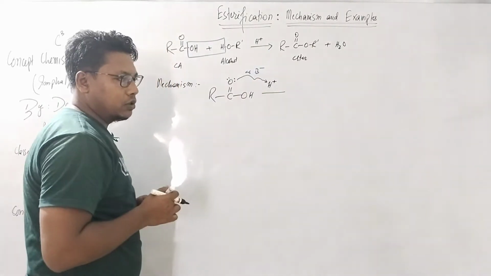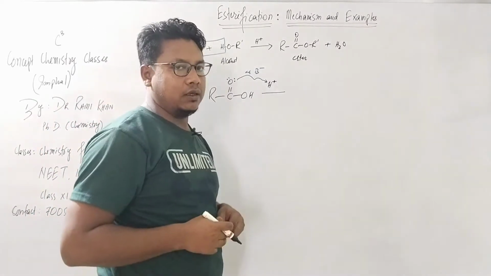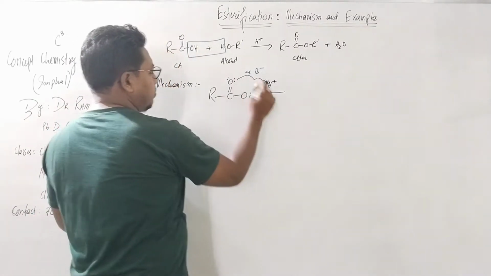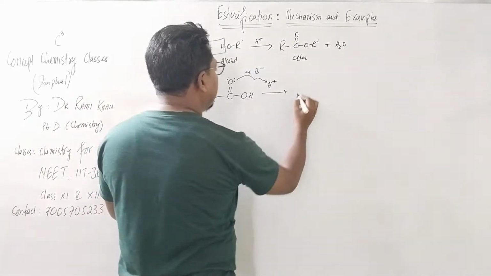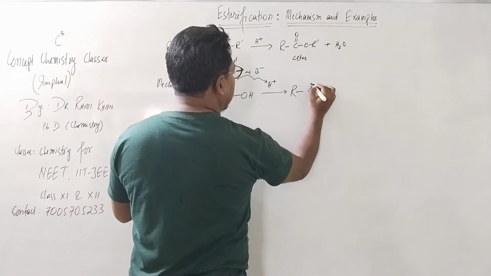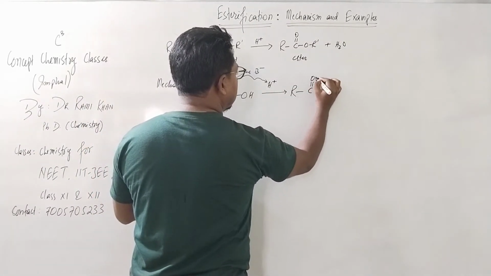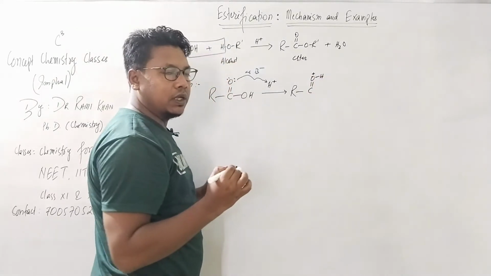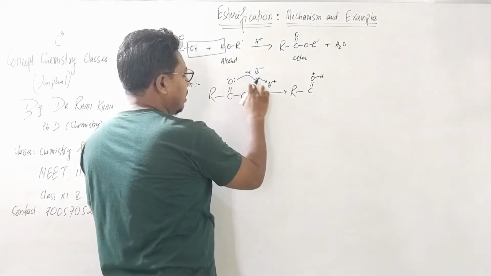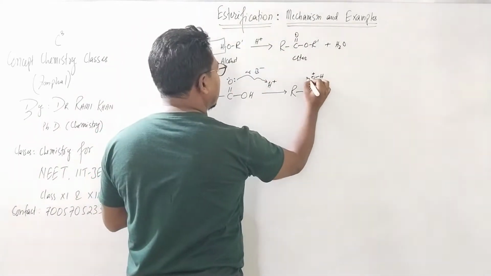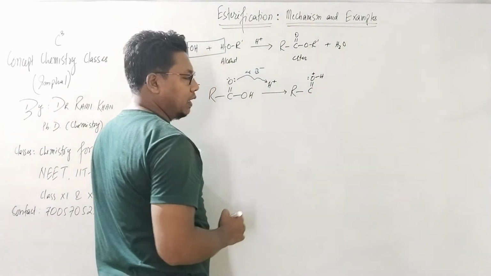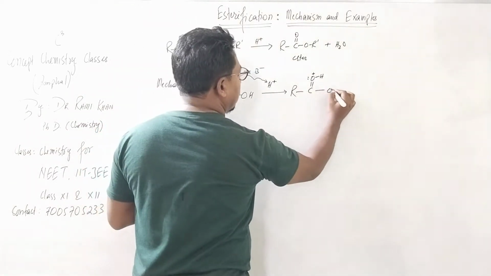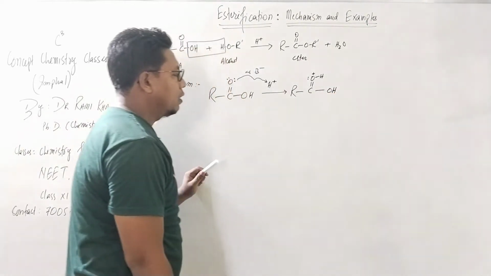Giving out electrons to H plus ion is the role of a base. So this oxygen will carry a positive charge because it gives out its electrons, and one lone pair of electrons is left. This is our OH, right?